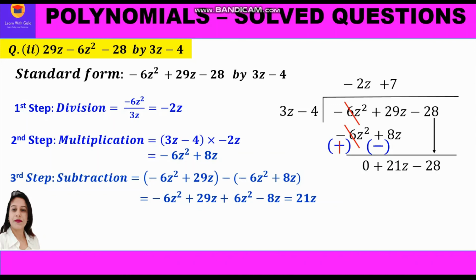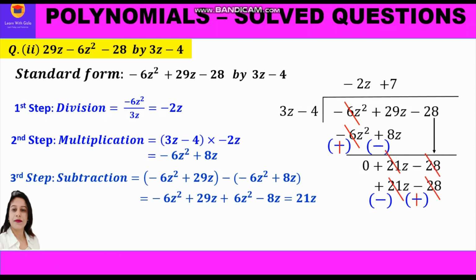So 7 we will write on the top as a quotient, and now we shall move to the second step, that is multiplication. We have to multiply 3z minus 4 into 7 and we shall get 21z minus 28. Now we can directly move to the third step, that is subtraction. We shall just write a minus sign below 21z minus 28 and we will change the sign.